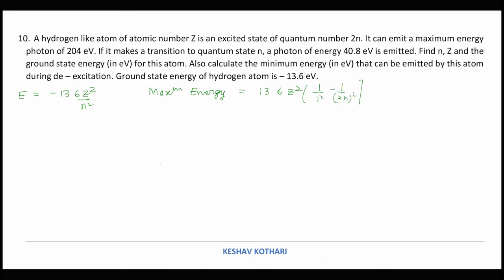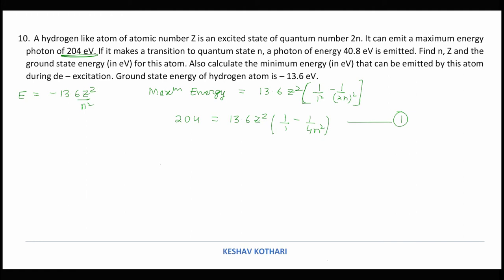This is going to be the value of maximum energy, which is equal to 204 electron volt. So the first expression is 204 electron volt equal to 13.6 Z square times 1 minus 1 by 4n square. This becomes my first equation for this particular problem.